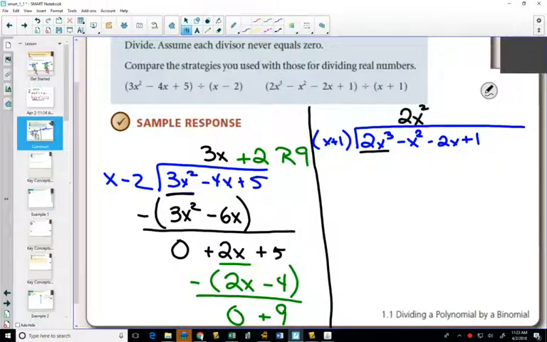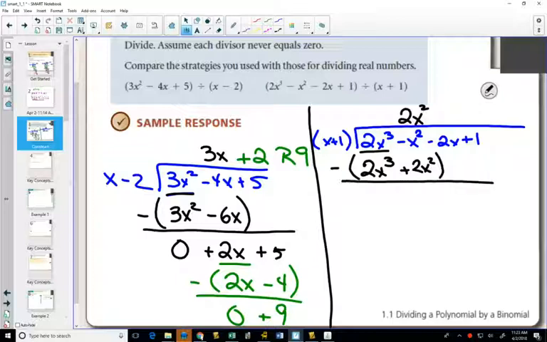And because it's squared, I write it above the x squared column. Because what is 2x squared times an x plus 1? I would get 2x cubed, and 2x squared times plus 1 is plus 2x squared. Put that in brackets and subtract. And sure enough, that goes away. A negative x squared minus a 2x squared gives me negative 3x squared. And everything else would still be there when you subtract.